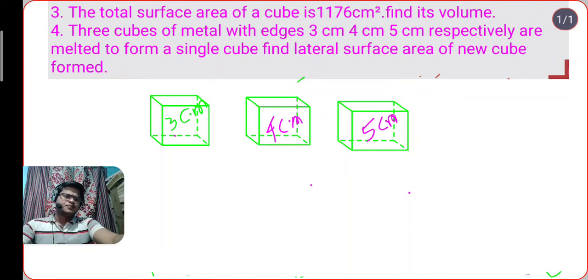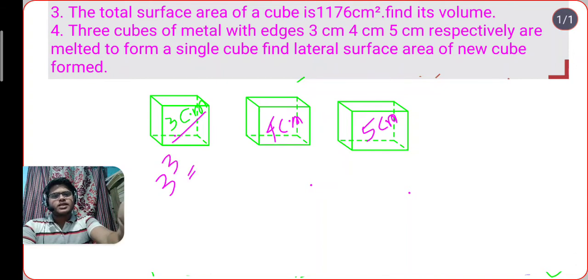Okay. So here, as the edge is given, we first have to calculate the volume of the cube. So what is the volume of the first one? That is 3 cube.